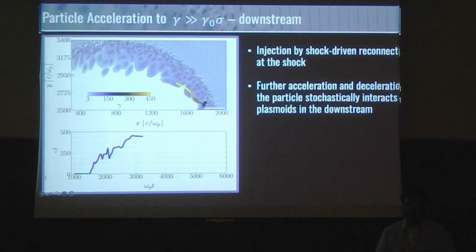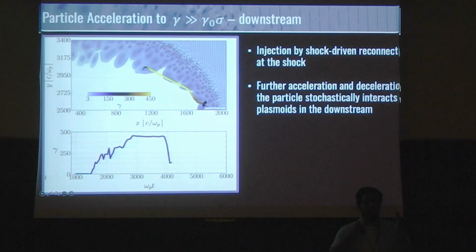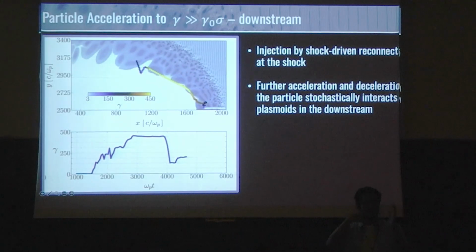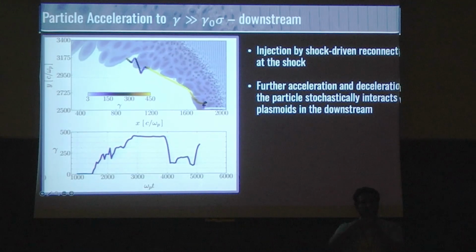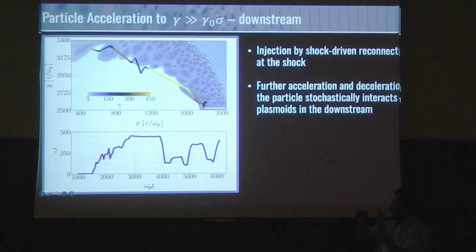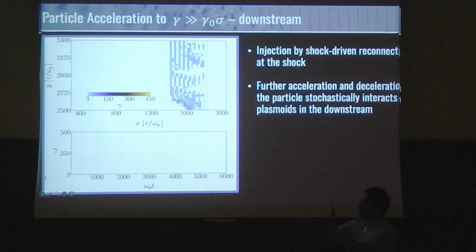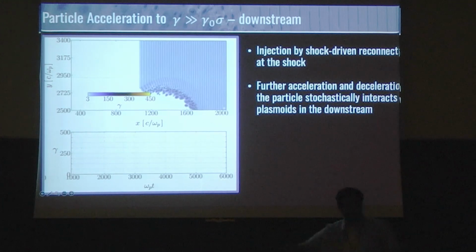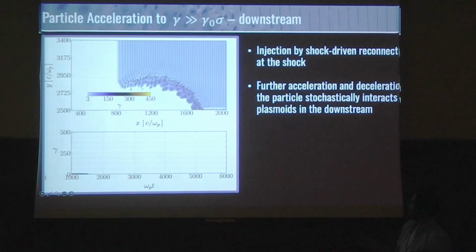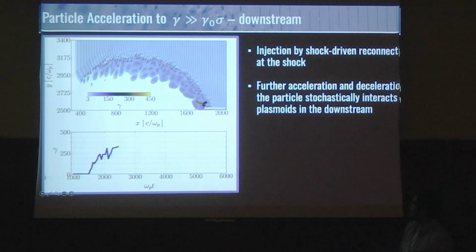But you can just think about it in this way. If you have a particle that's going to have a face-on collision with a moving cloud, it's going to decelerate, it's going to lose energy. But then if you have a particle moving this way and all of a sudden you have a magnetic cloud approach it, it's going to push energy and it's going to accelerate. And you can maybe try and track this over time and see how it interacts with these blobs.